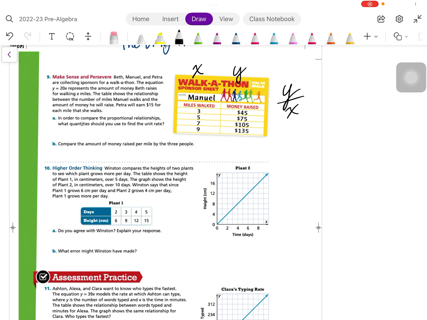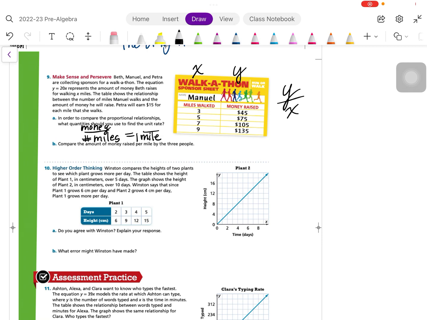So it's going to be the money raised. So if we can just write money divided by the number of miles. That's how we're going to find our unit rate. Okay, and remember, unit rate always means 1. So per 1 mile. That's what we're looking for.